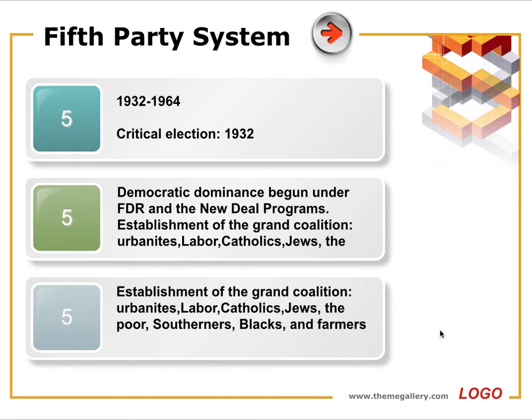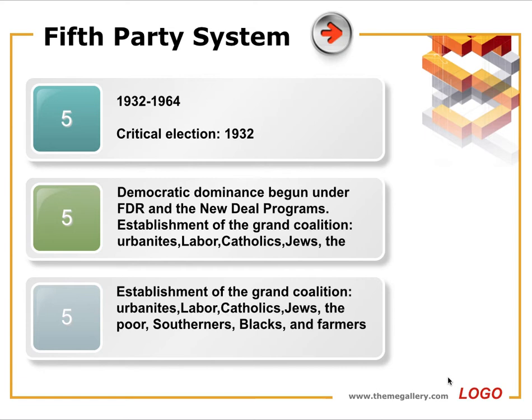What occurs is a Democratic dominance under FDR, helped along by the New Deal programs, prolonged by the fight for World War II, but it established a grand coalition. Very, very odd: urbanites, labor, Catholics, Jews, the poor, Southerners, blacks, and farmers.